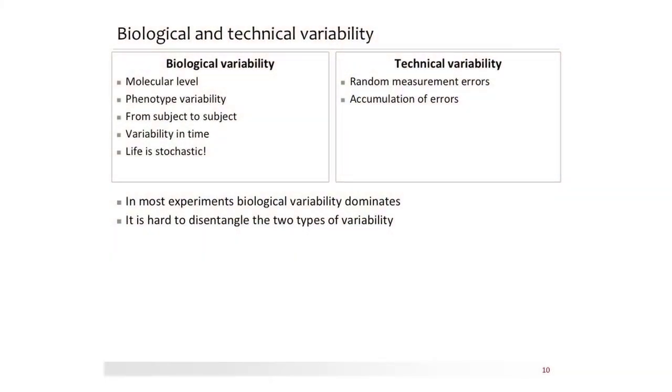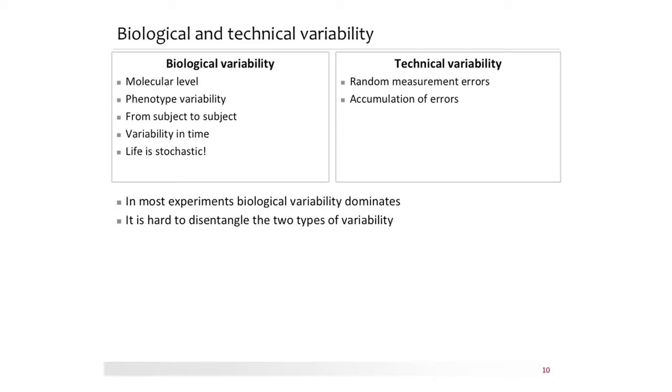Another thing I have to mention is biological variability as opposed to technical variability. The distinction between these two is not always obvious, but for the purpose of this talk, I would just keep it simple. Technical variability is basically what I mentioned: random measurement errors, accumulation of errors, and that will create your measurement error. But on top of this, there is lots of biological variability.